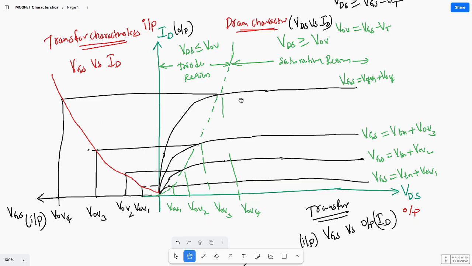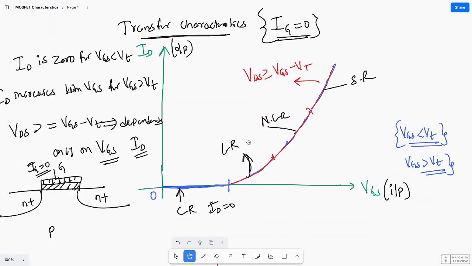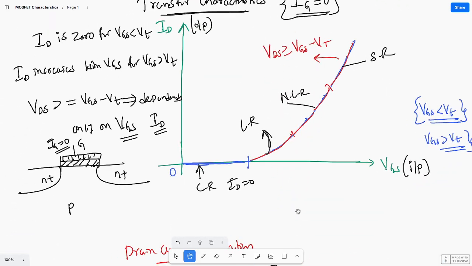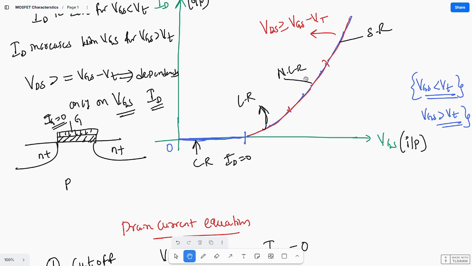So in saturation, ID is nowhere depending on VDS; it depends on VGS. If you increase VGS more and more, the ID current will increase. That we saw, along with the cutoff region, linear region, and how the curve looks in the different regions.